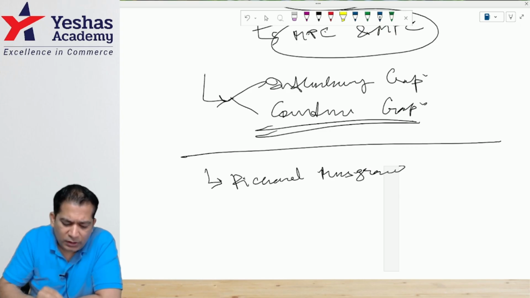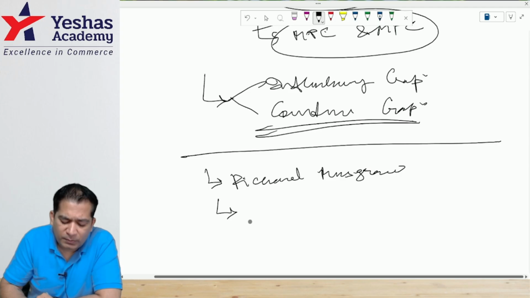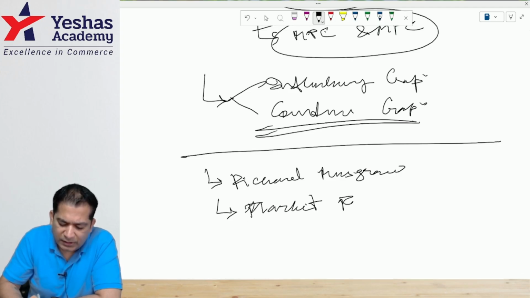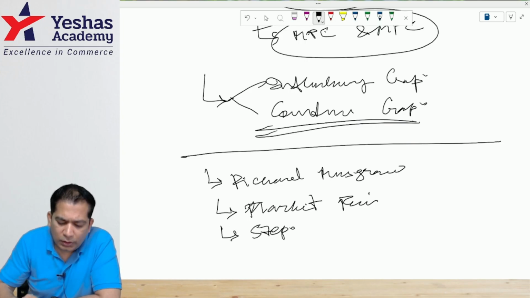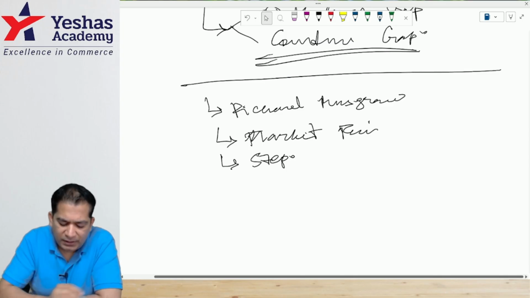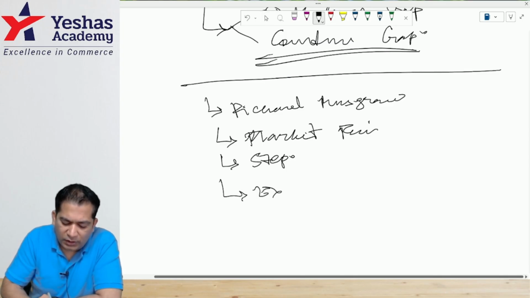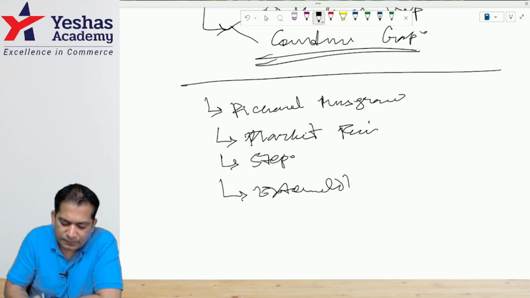Then you have to find out what are the reasons for market failure. Market failure, study it well. What steps are taken by the government to decrease market failure. Then you have to focus on externalities.